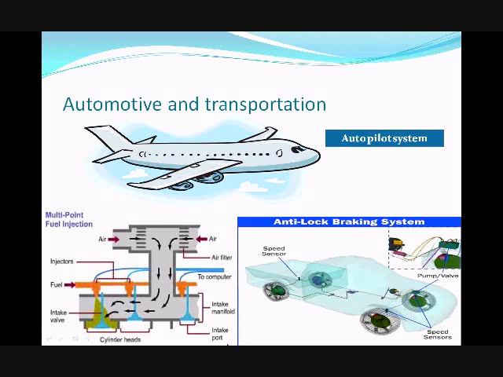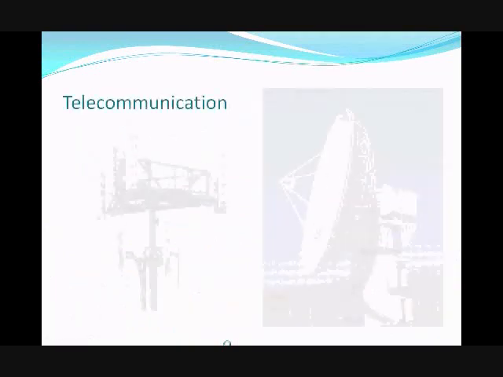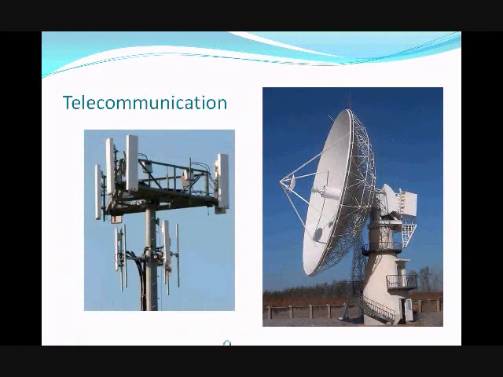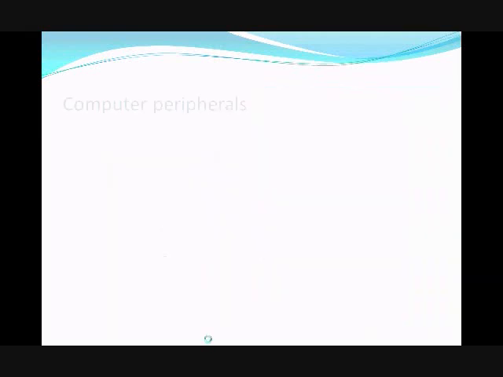In telecommunications, real-time systems are used to control mobile communication devices, satellite antennas, and many similar devices. Modern computer peripherals are controlled by microcontrollers which have real-time systems embedded in them.